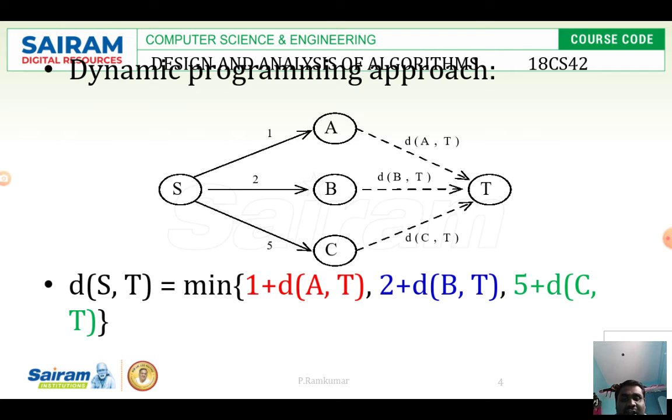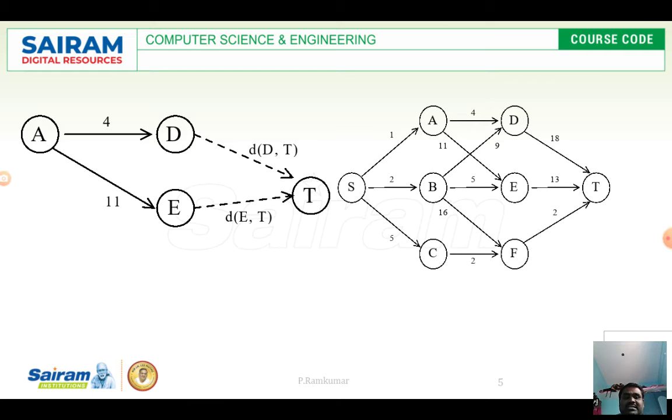Among the three values I have to choose the minimum. That minimum value will be the distance from source to destination.